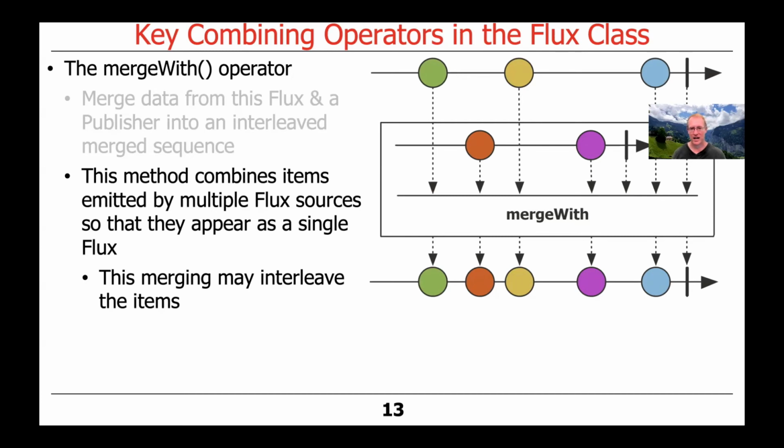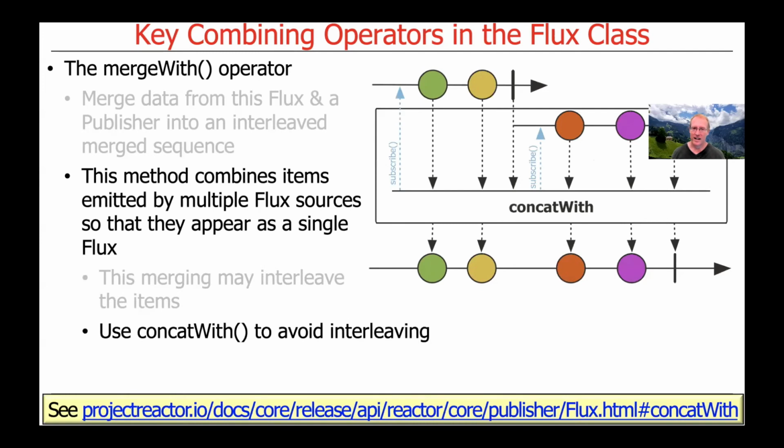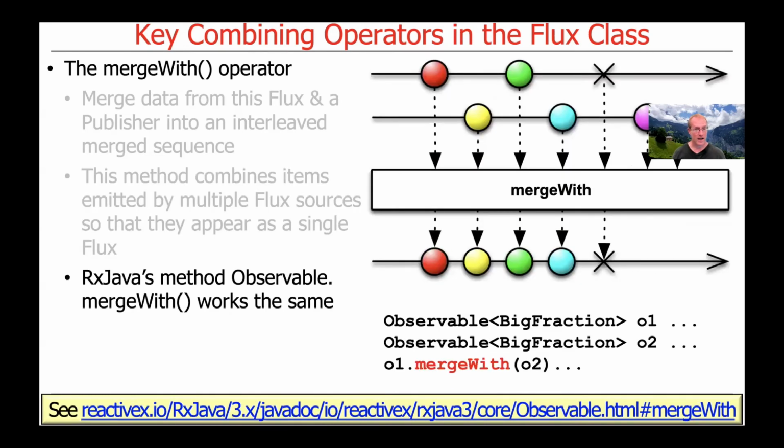F1's element first, then F2, then F1, then F2, and so on. In contrast, if you use the concatWith method, that avoids the interleaving. All the elements from the first flux will go first, followed by a concatenation of all the elements from the second flux. Again, RxJava has a mergeWith operation that works exactly the same as the one in Project Reactor's Flux class.